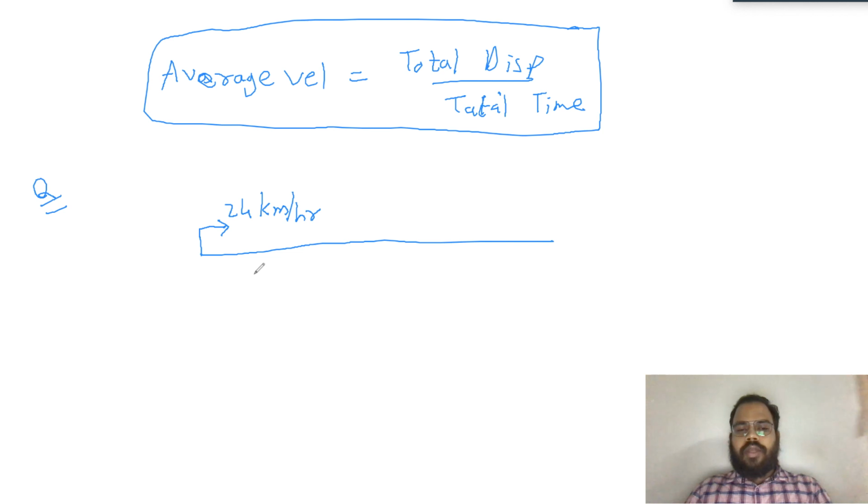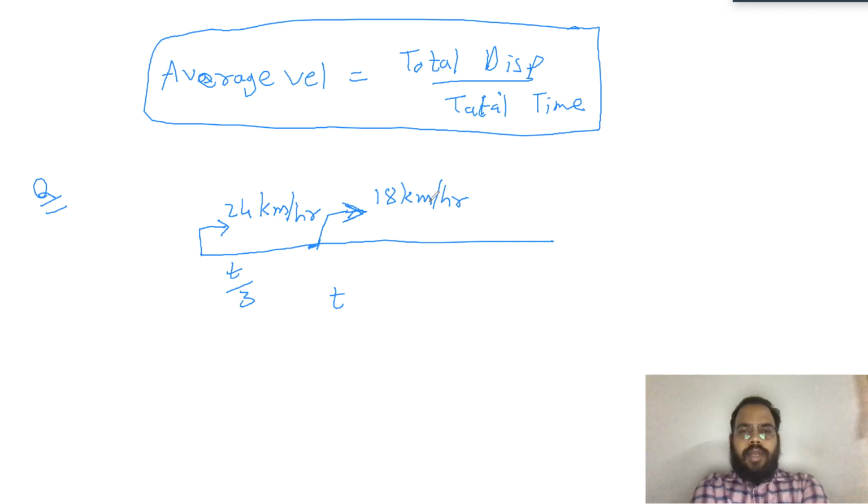So this is the 1/3 time. If total time is t, this is your t by 3. Then for the rest of the time, the train moves with velocity 18 km per hour. You are asked to find the average velocity of the train in the complete path.